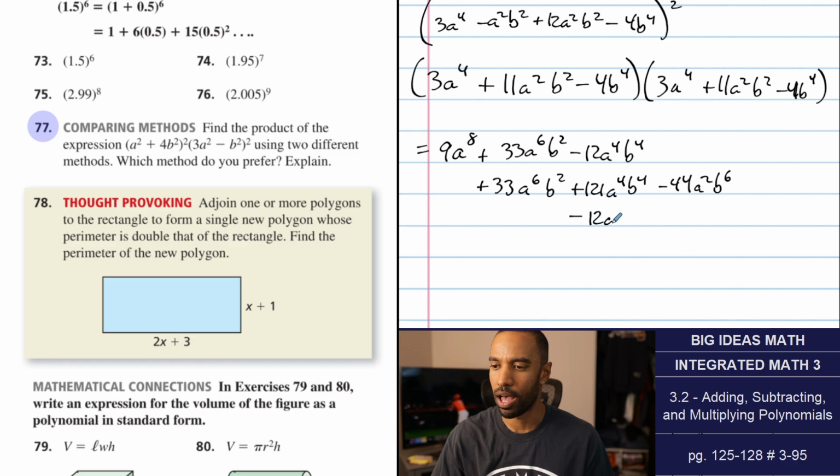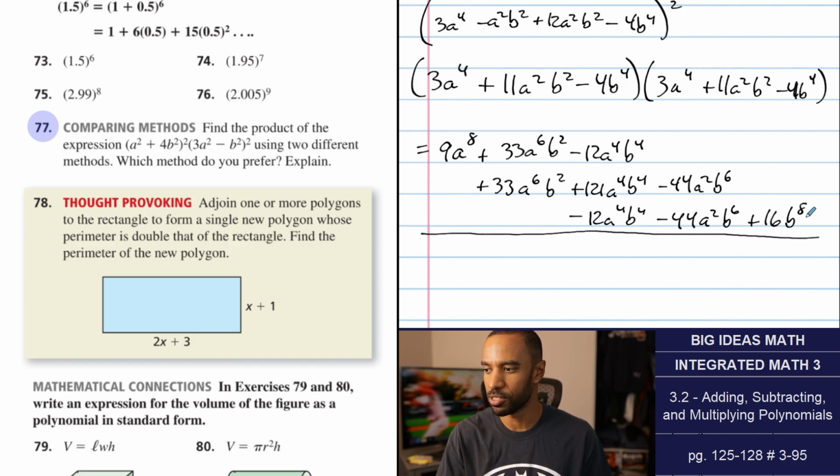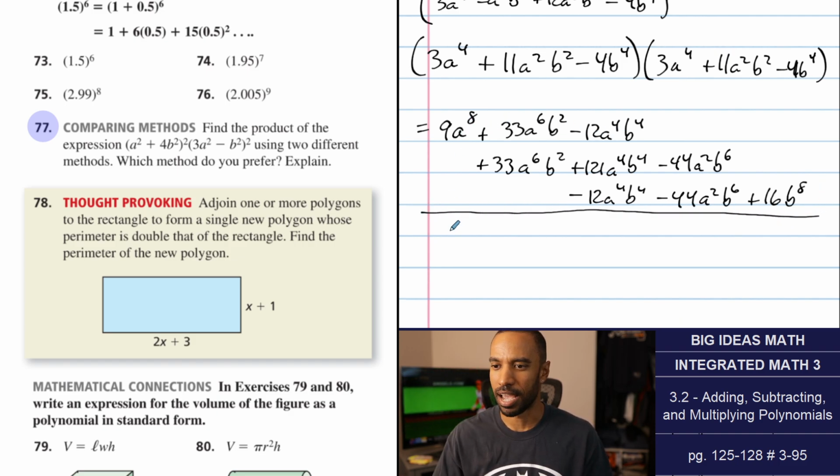Times 3a to the fourth, minus 12a to the fourth b to the fourth. Negative 4b to the fourth. This is minus another 44a squared b to the sixth. And then plus 16b to the eighth. Kind of like this one, a little bit more how they line up and do certain things. Let's see. 9a to the eighth doesn't combine with anything.